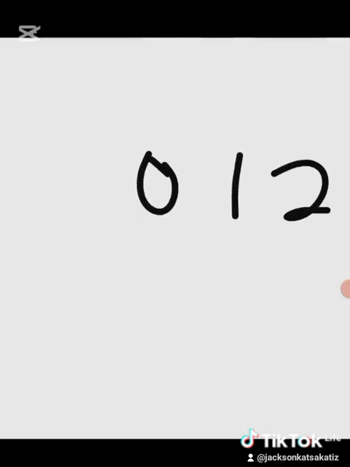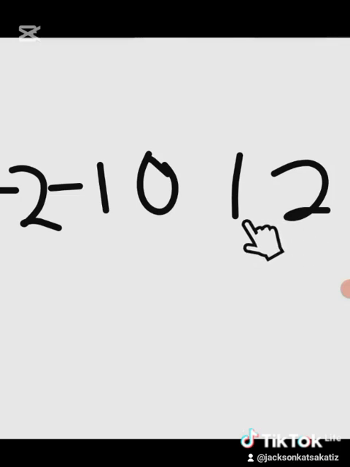However, let me also highlight what I said earlier, that positive numbers are greater than negative numbers. That means the numbers can be arranged, for example, as 0, 1 and 2, and then from 0 we can have negative 1 and then negative 2. What we are trying to say is that 2 is greater than 1, and 1 is greater than 0, and 0 is greater than negative 1, and negative 1 is greater than negative 2.